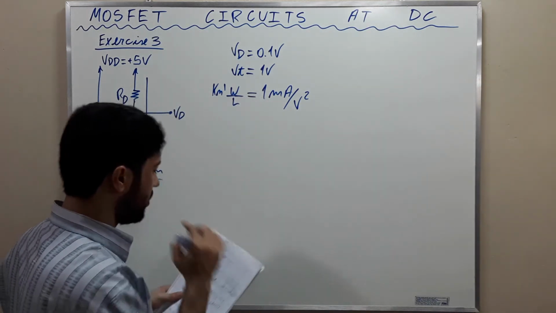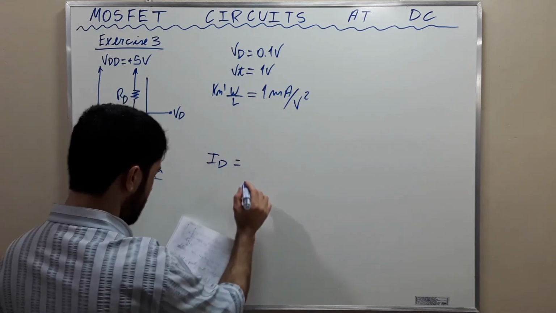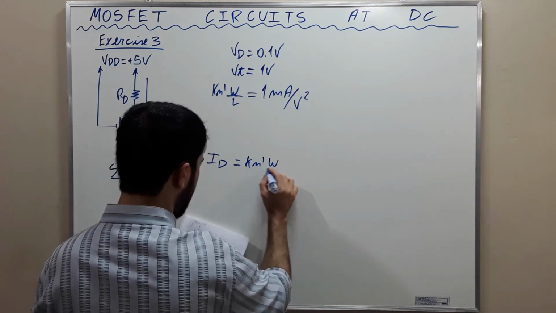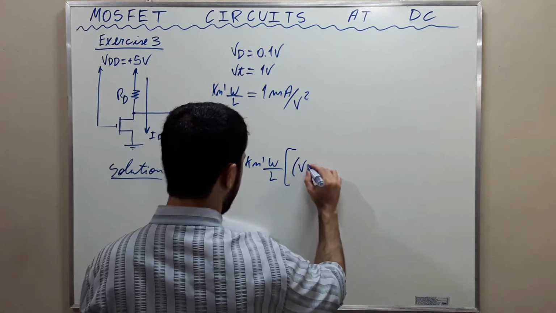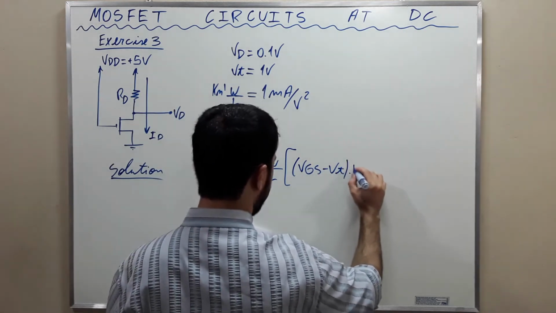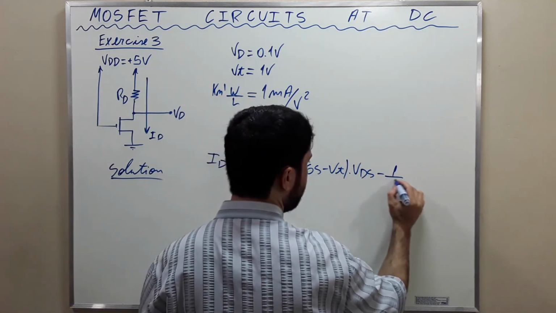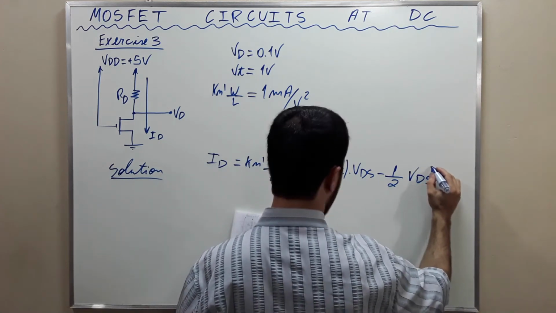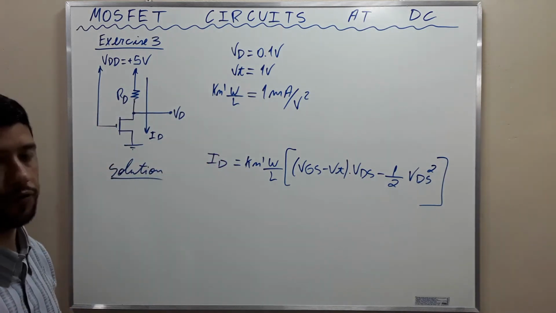Okay, the expression for triode is ID equal to Kn prime W over L times VGS minus VT times VDS minus a half of VDS squared. This is the expression of triode.